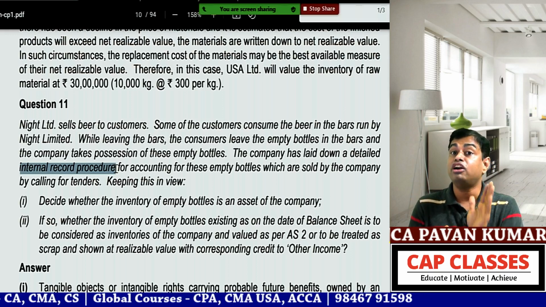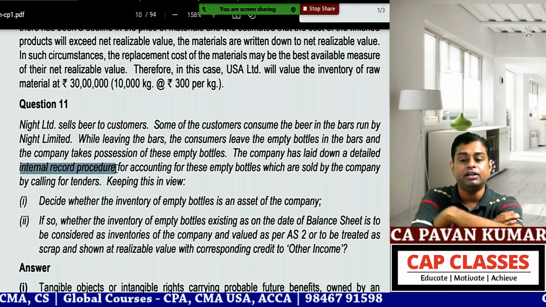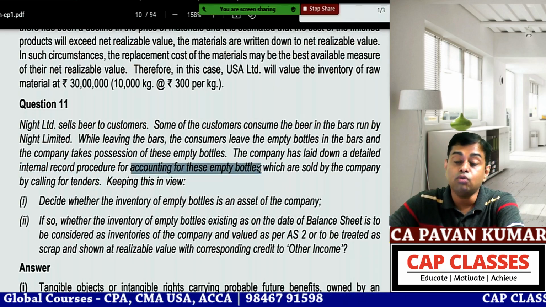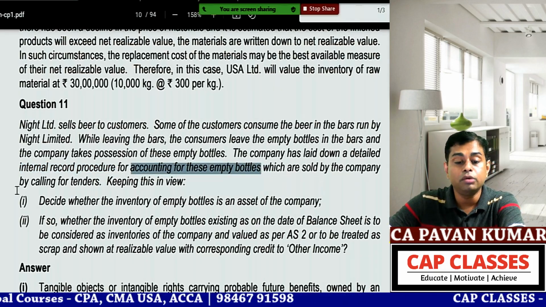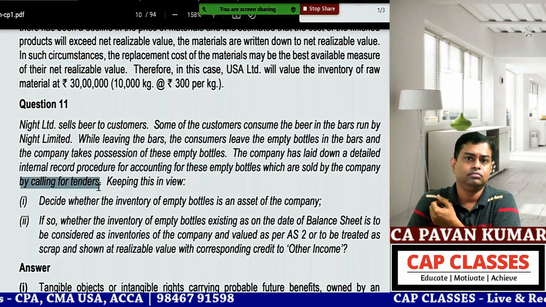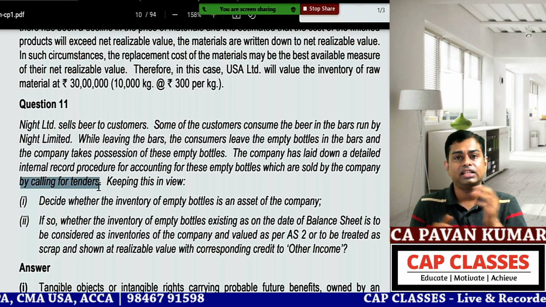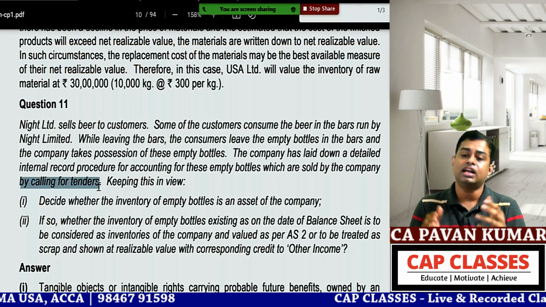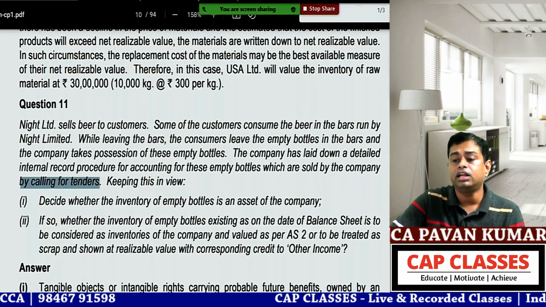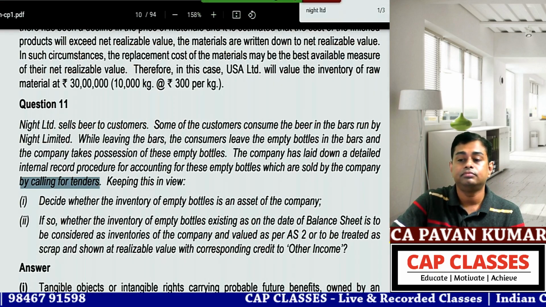Like that, they are recording and keeping in safe custody. Procedure for accounting for these empty bottles is also there, which are sold by the company by calling tenders. What do they do? They sell these bottles. After 10 days, 15 days, they accumulate. Once 10,000 bottles are there, they'll call a scrap vendor and ask, I have 10,000 bottles, how much will you give?